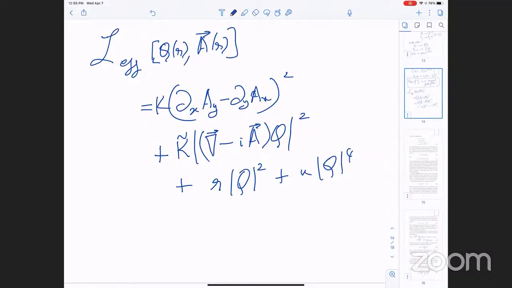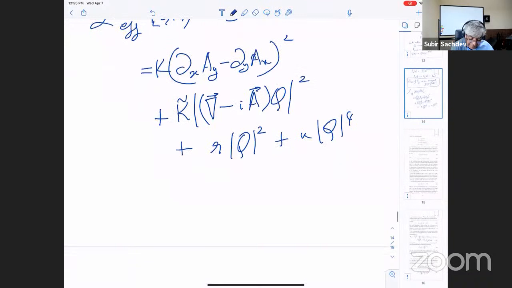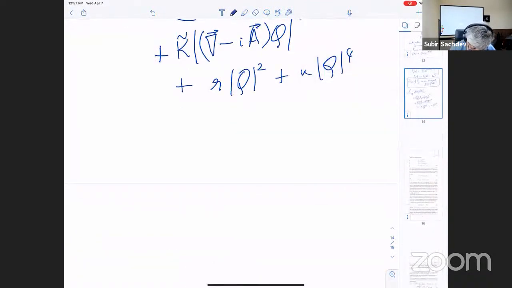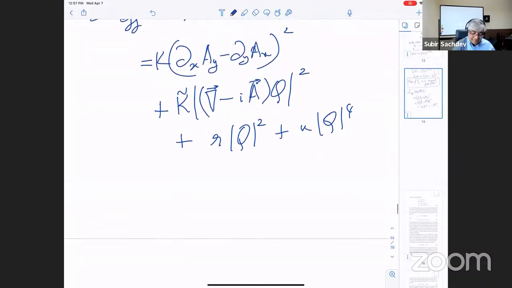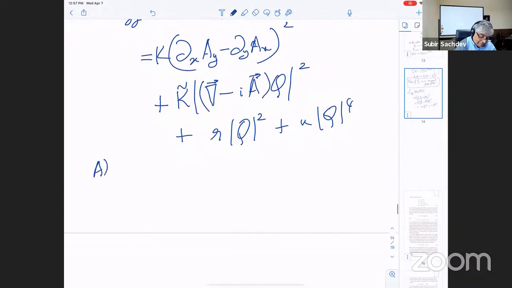I have 2 minutes left, so let me just make the main point, and then we'll come back and discuss it more. So the main point is the following. There are two possible phases in this simple mean field theory. Phase A is r less than 0.